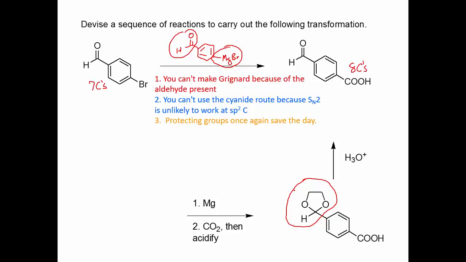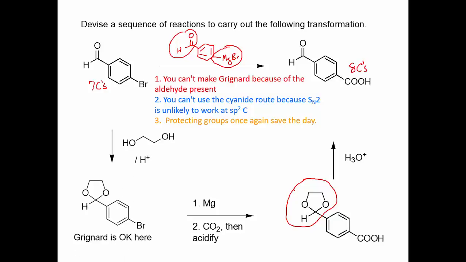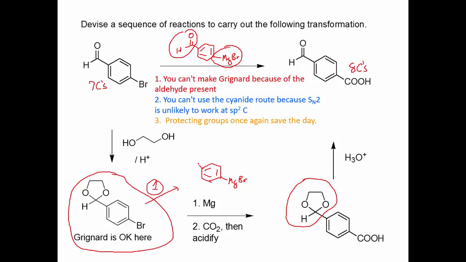All right, so what we would do is we would take this compound now, and we would make the Grignard reagent from this compound, and step 1 there gives us this compound, and we don't have any problem at this point, right?